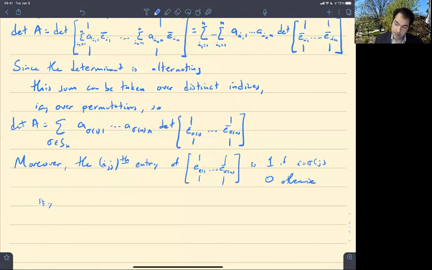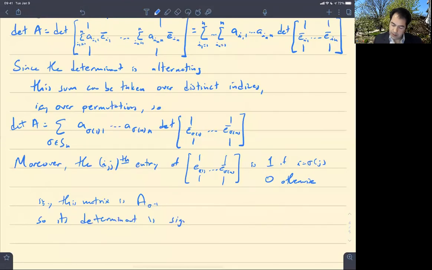That is, this matrix is A_{sigma inverse}. So its determinant is the sign of sigma inverse, which is the same as the sign of sigma.